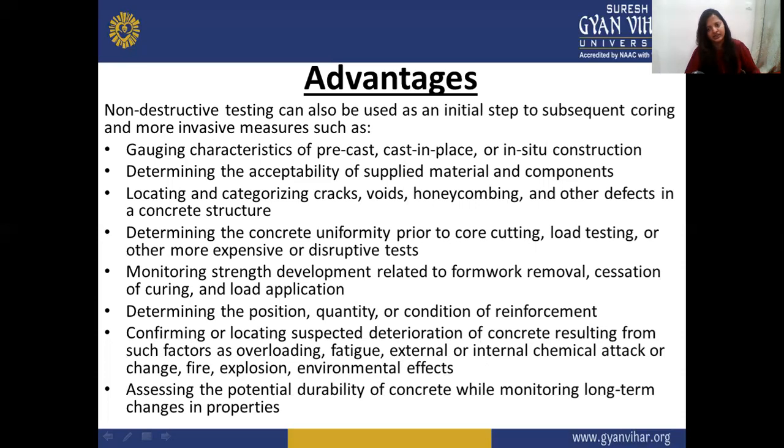Honeycombing is again due to segregation, where excessive water is added, or the concrete is dropped from a particular height and the aggregates get separated from the cement paste. In such conditions, honeycombing can take place. These things are necessary to check because they generate voids, and voids are a source of deterioration in the concrete structure.